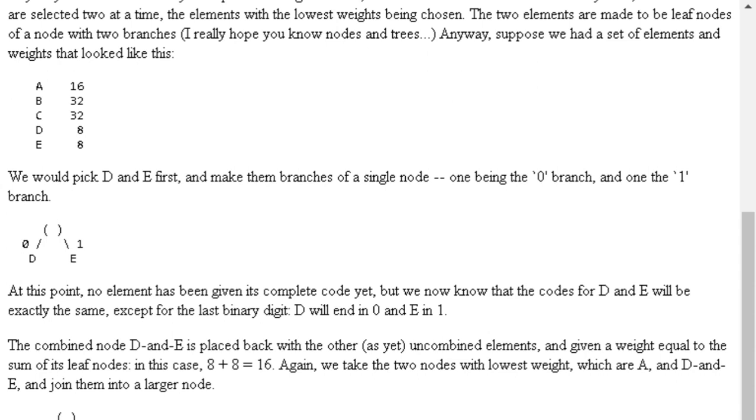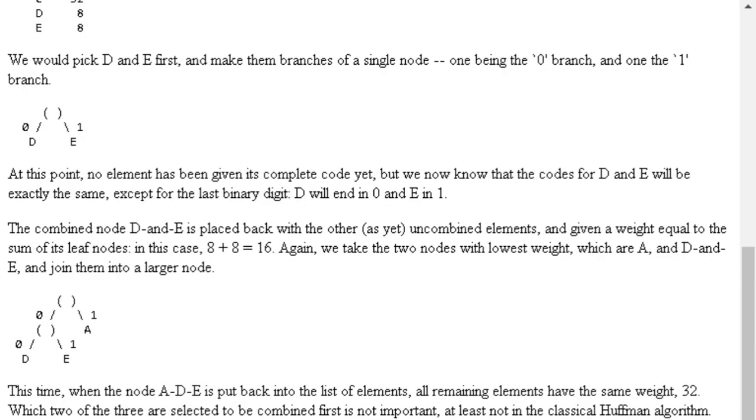Alright, so we have an empty node, and then it branches off in the left direction for 0, in the right direction for 1, going to either D or E respectively. At this point, no element has been given its complete code yet, but we now know that the codes for D and E will be exactly the same, except for the last binary digit.